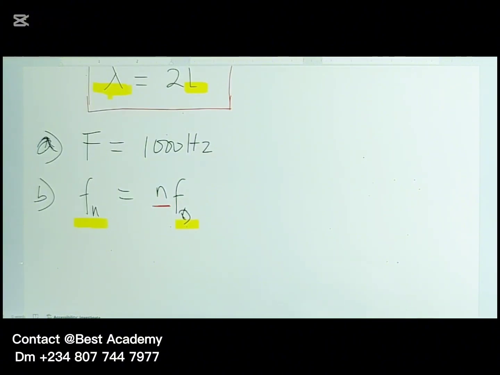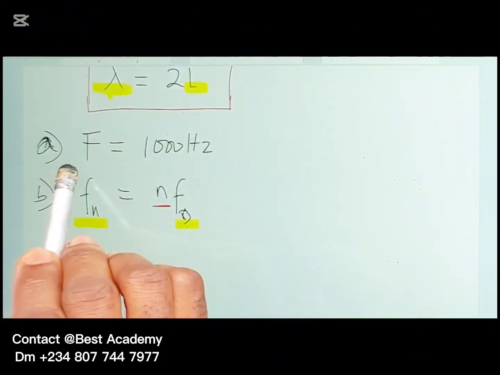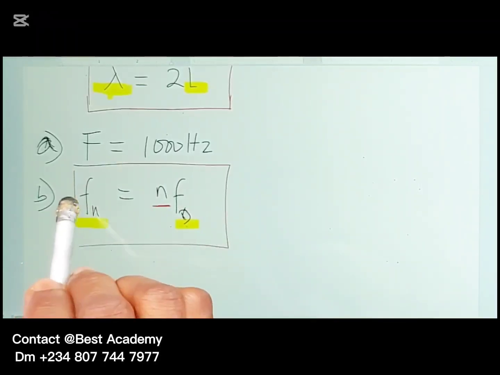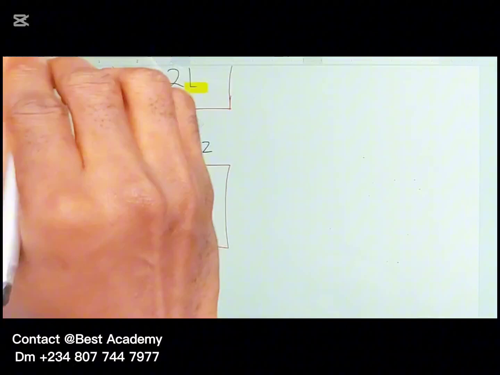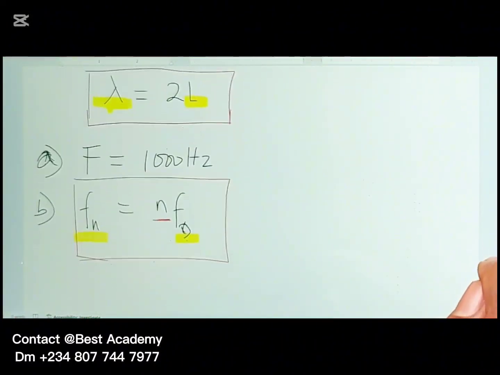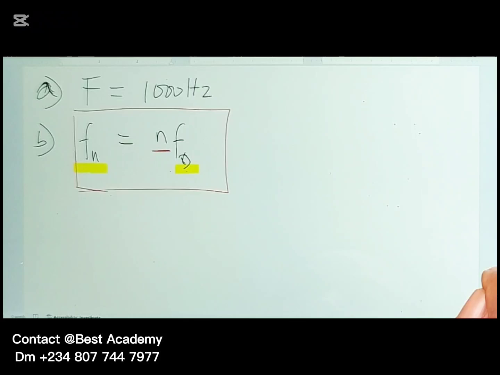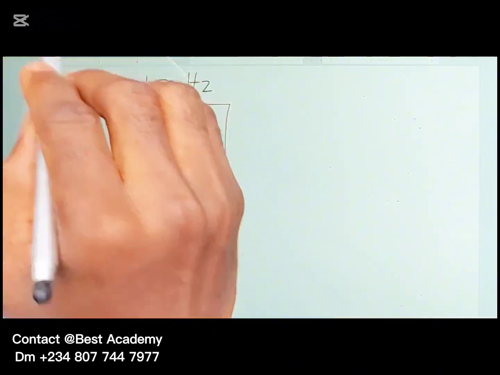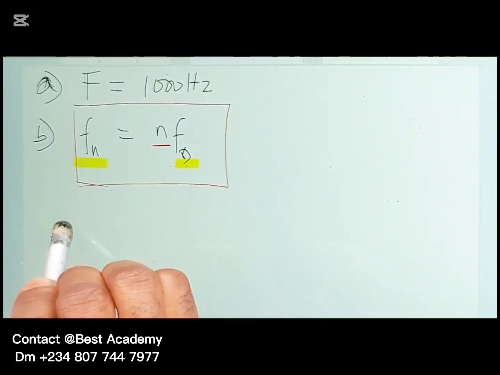Okay, so now let's use this formula given to us here to calculate for the second harmonics. Of course, for second harmonics, it means that our value of n is going to be equal to 2.